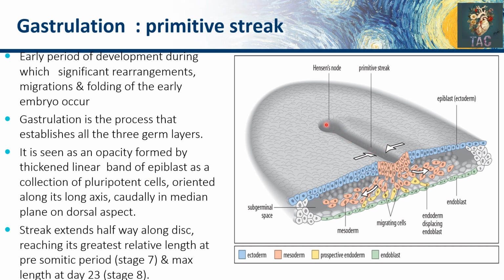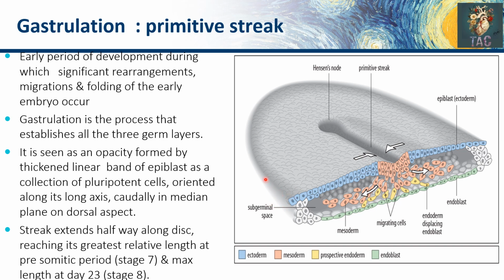This is an opacity in the thickened linear band of the epiblast, a collection of pluripotent cells, oriented along the long axis caudally in the median plane on the dorsal aspect of the embryo. This layer is actually the epiblast, and we are looking at its surface.